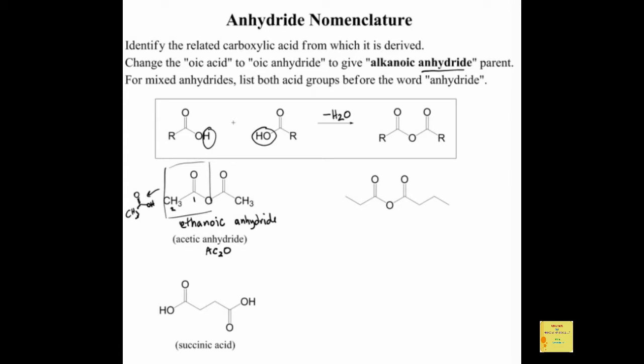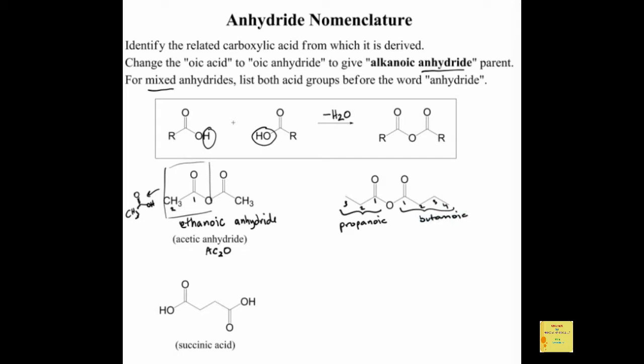What if it's not a symmetrical anhydride? We call those mixed anhydrides, meaning it came from 2 different acids, if you will. Then all we do is list both acid groups before the word anhydride. So what carboxylic acid did this come from? 1, 2, 3. This was a propanoic acid. And over here, this came from 1, 2, 3, 4. This came from butanoic acid.